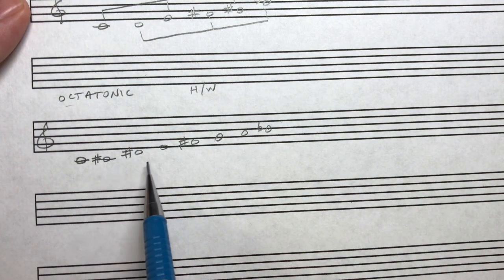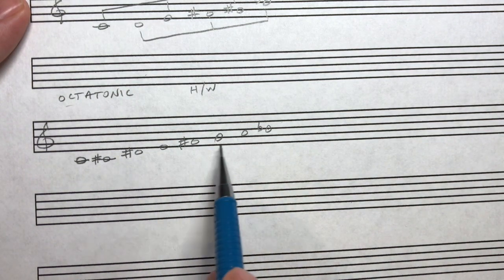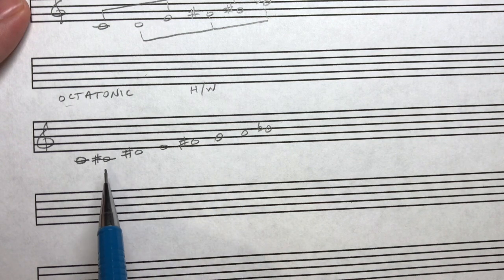So this half step, whole step progression, and again enharmonics are okay, gives us 8 notes before we repeat the octave, which is why this is called an octatonic scale or an octatonic collection of pitches.